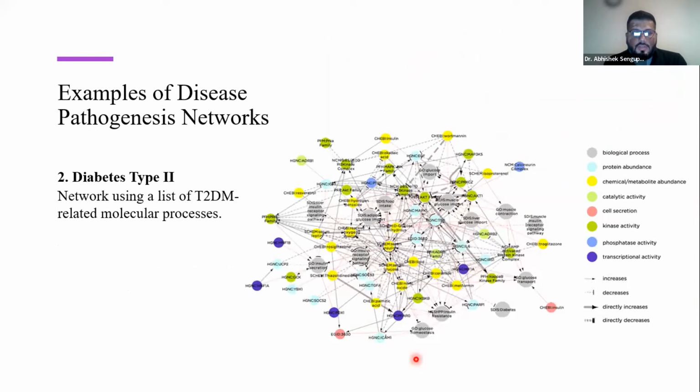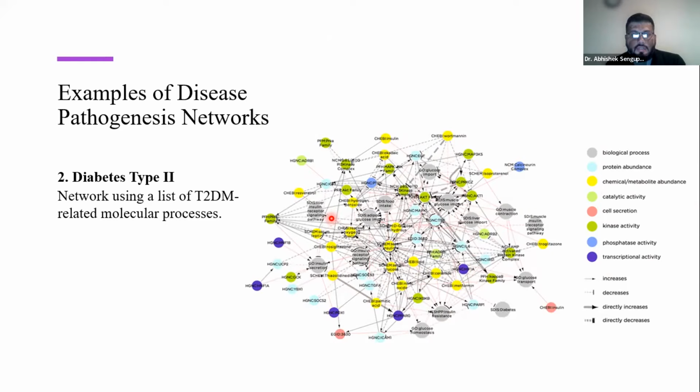Then the next example where you can study a disease pathogenesis network is type 2 diabetes. It has already been published. It's a systems based or network based model where you can see that the various nodes actually denote biological processes, protein abundances, cell secretion, the various activities actually, not the genes and proteins.